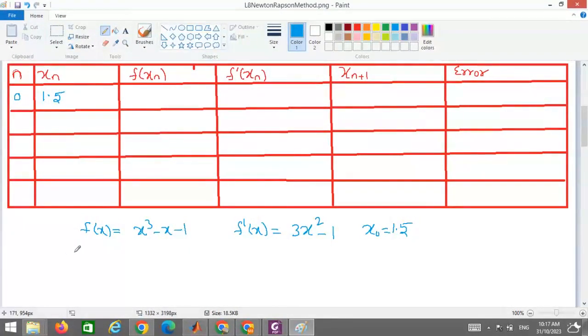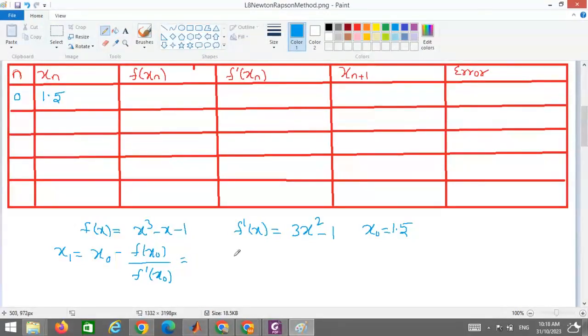Now, how will you find the value of xn plus 1, which is nothing but x1? You will find it with this equation: x naught minus f of x naught by f dash of x naught.